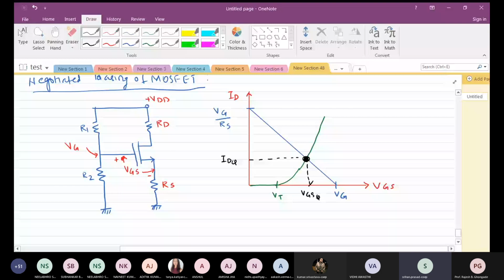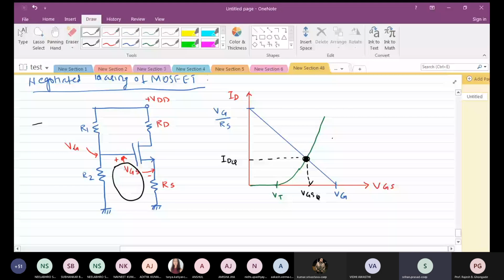Now, what do we see here? This line is VGS. Look at this particular section here, and then you'll be able to understand why I'm talking like this.